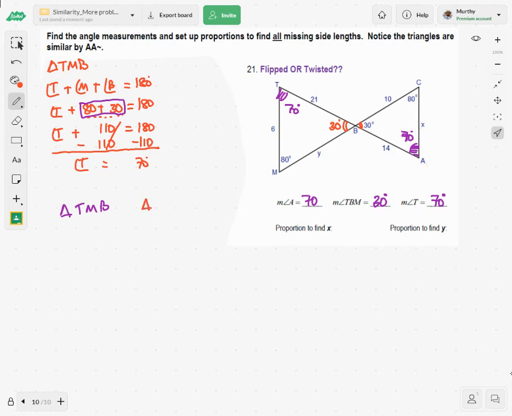Therefore, it is triangle A. My second letter is M, which is 80 degrees. Here I see 80 degrees at C. So it is point C, and the third one is obviously B. So don't think in alphabetical order, don't get confused. Don't get tempted to write triangle ABC.